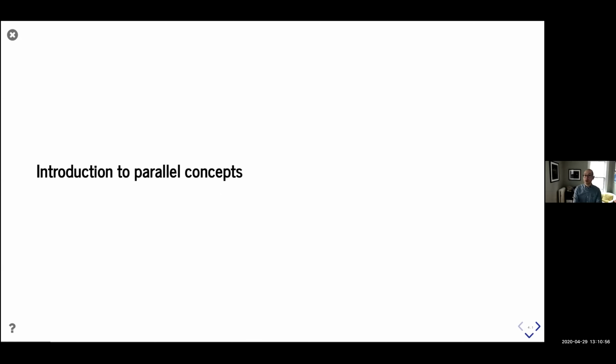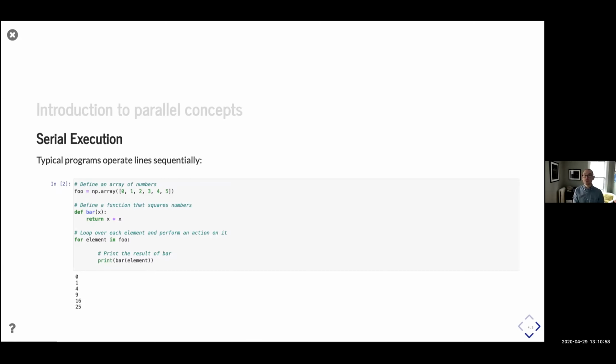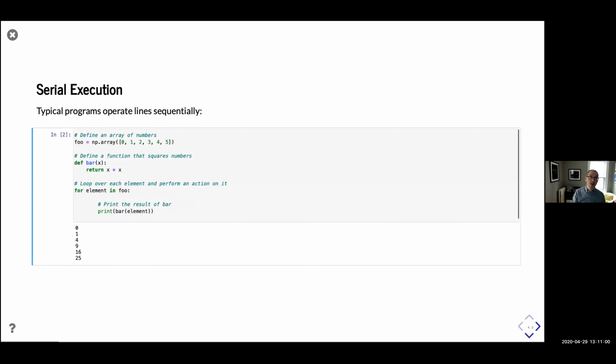So, parallel concepts. What do I mean by parallel? I think it's really helpful to define what isn't parallel. This is what is called serial execution. Typically when you're writing a program, the code is executed one line at a time in order. In this example, we're defining an array of 6 numbers, and then a function that returns the square of its input.